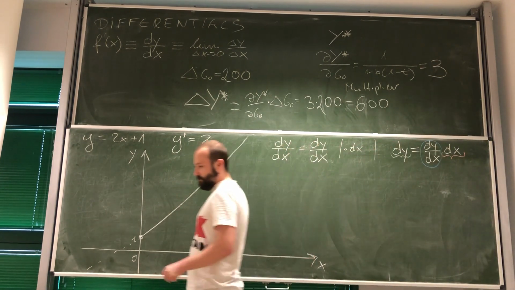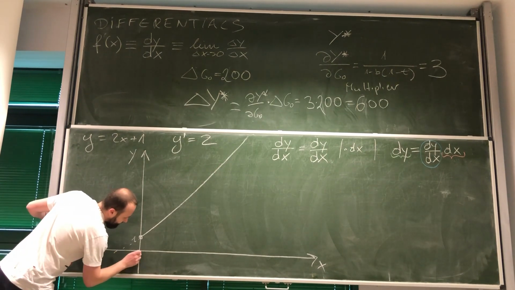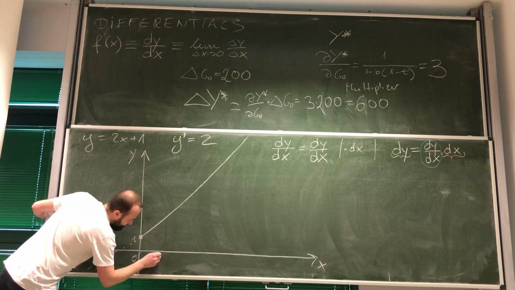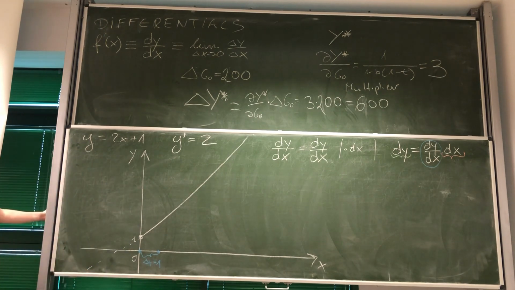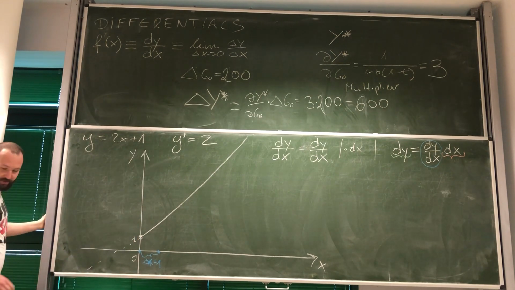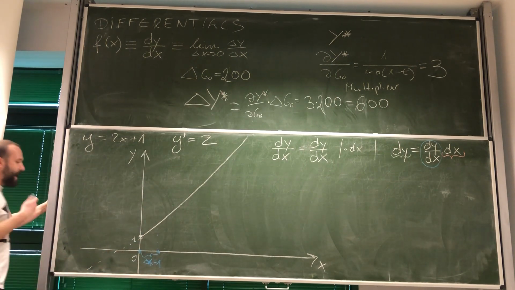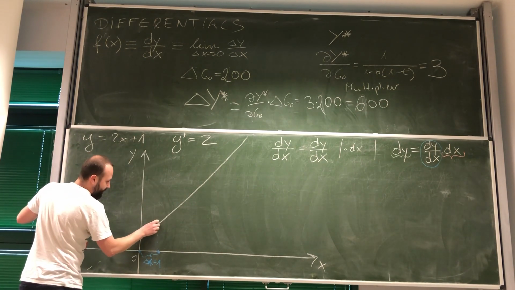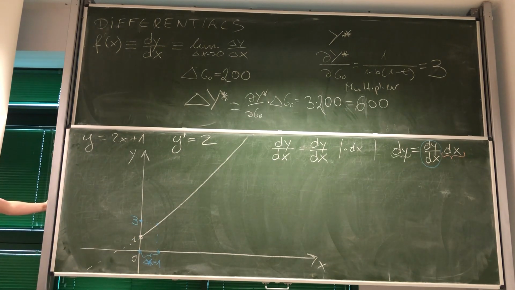So now let's see what is going to happen to the value of the function if delta x, because we're not talking about the small number, is equal to 1. Okay, so we can clearly see that if delta x is equal to 1, it means that x increased from 0 to 1. So now x is 1, and the value of the function is equal to 3, right?